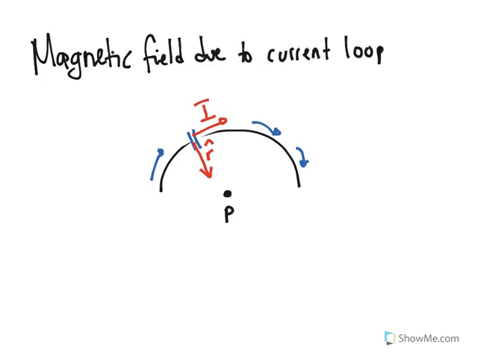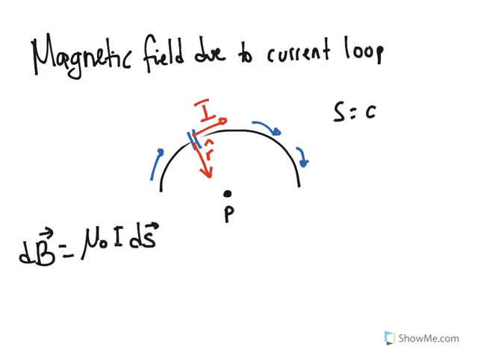Then we can, for instance, grab the Biot-Savart law, and we can state that this is mu 0 I, so let's put it in a differential form, dl, for instance, which in this case, instead of L, I am going to put an S since this is an arc.